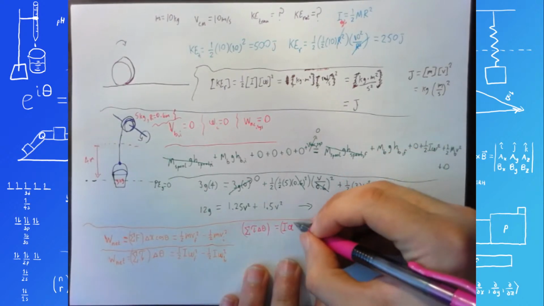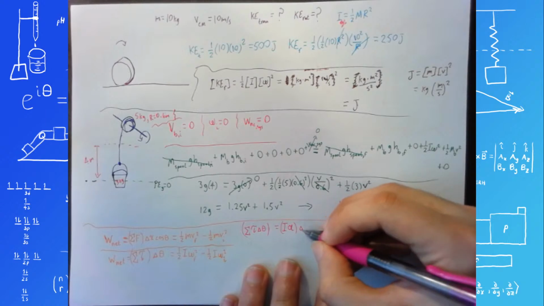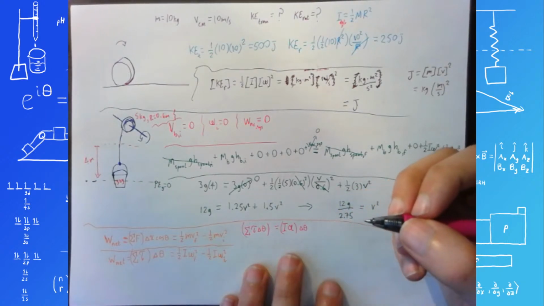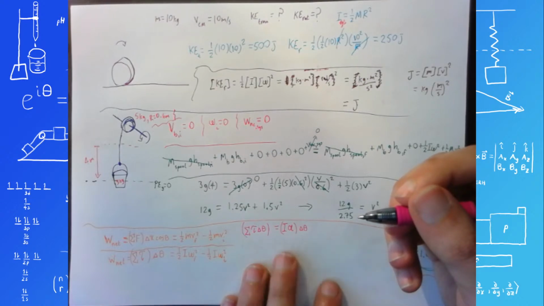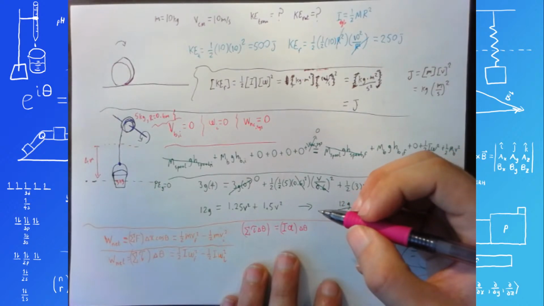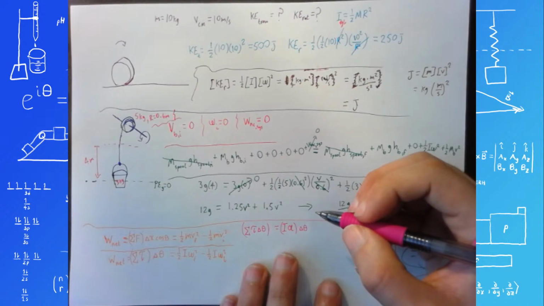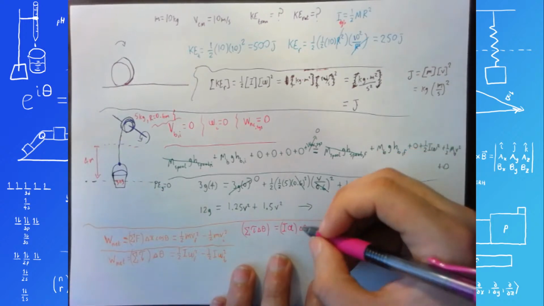So I'm going to do I alpha times delta theta. Okay, I'm seeing where the I is coming from. Alpha delta theta, that should look familiar to you. If it doesn't, then what about a times delta x, or delta y for that matter?